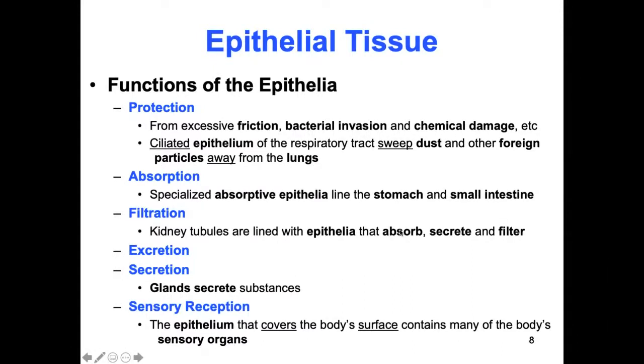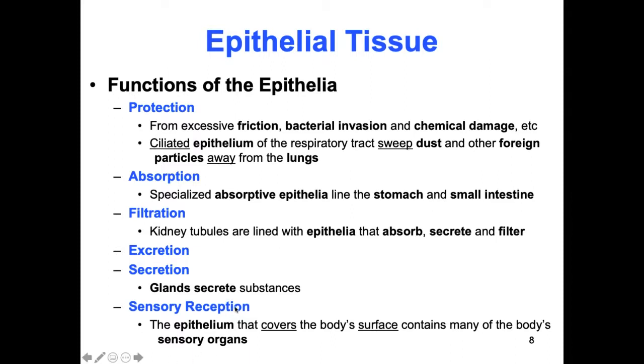They are absorbing, they are secreting, and they are filtering. So we're going to have epithelium there. Excretion, to get rid of. Secretion, glands secrete, like the mammary glands can secrete milk. Oil glands or sebaceous glands can secrete oils. Sweat glands can secrete sweat.